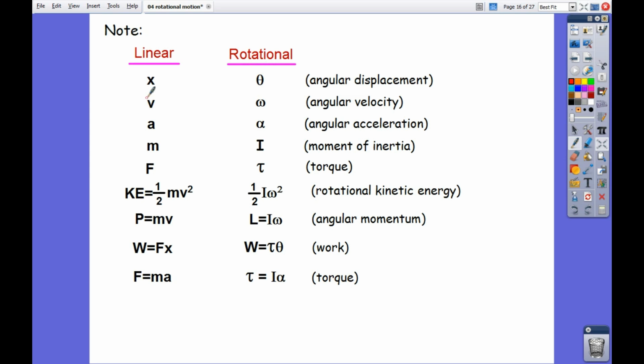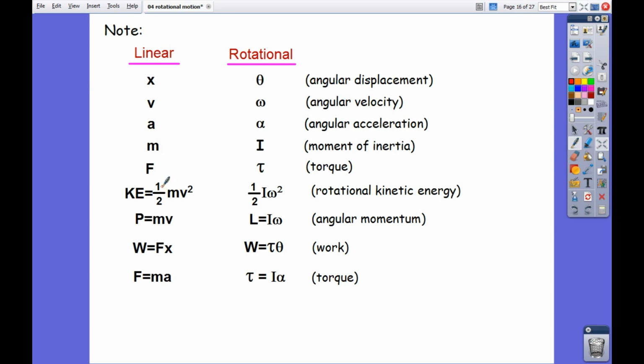In linear we have velocity, in rotational we have omega, angular velocity. In linear we have acceleration, in rotational we have angular acceleration. In linear we have mass, in rotational we have moment of inertia. In linear we have force, in rotational we have torque.